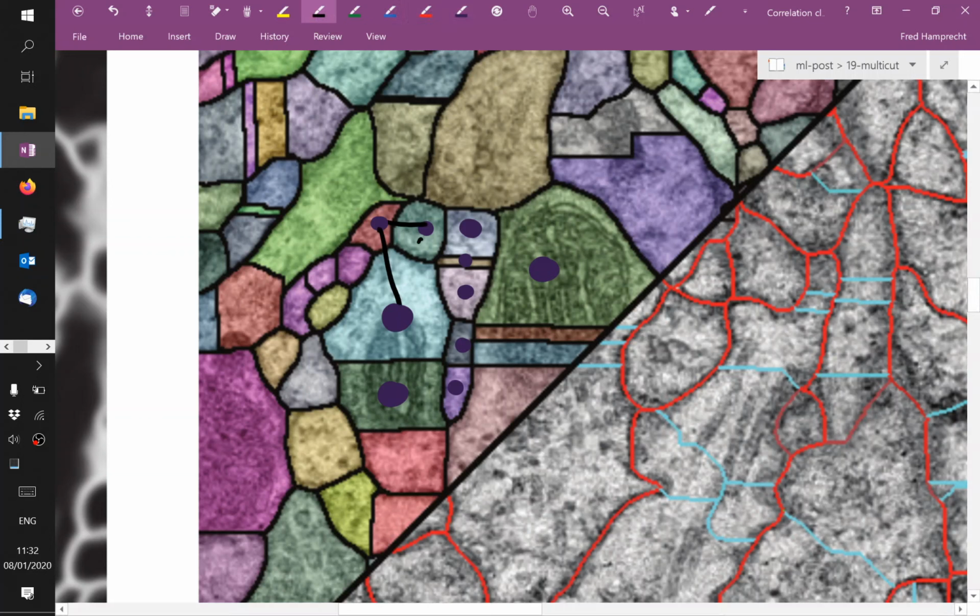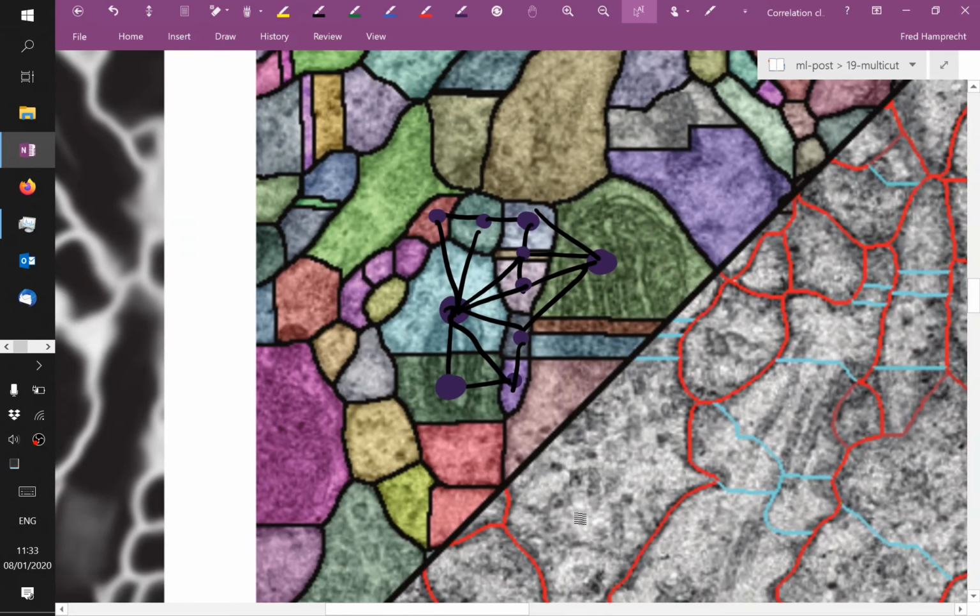Whenever two superpixels are adjacent, we have an edge here. And then we have a classifier telling us for each of the edges whether it thinks the boundary should really be there in the final result or not.